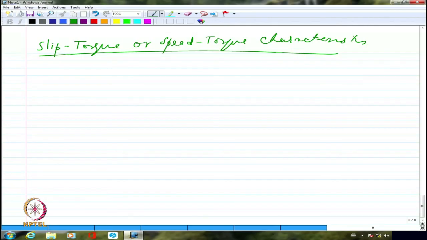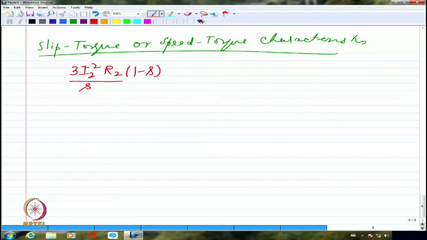Okay? So we said that 3 I2 square R2 by S into (1 minus S). Please see the 3. Never forget the 3 when you are doing induction motor problems, right? We do everything per phase, multiply by 3.